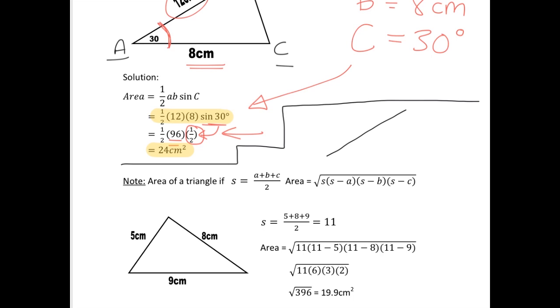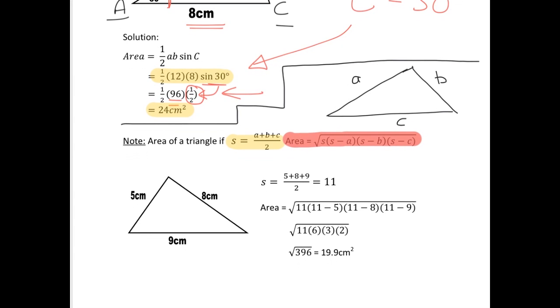So if I'm given a triangle here, for example, with sides of length A, B, and C, we let S equal A plus B plus C divided by 2, and use the formula area equals the square root of S times S minus A times S minus B times S minus C. Down here we just have an example of that, where we have our triangle here.